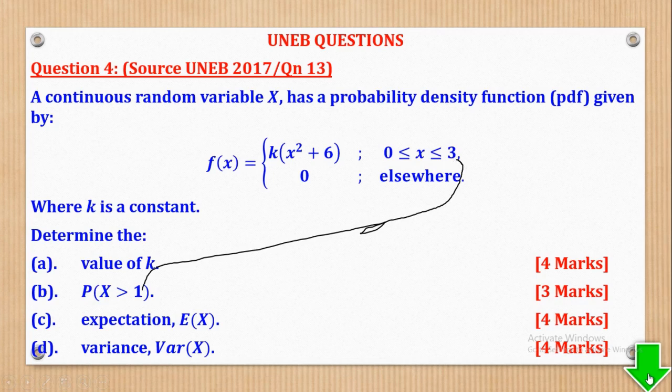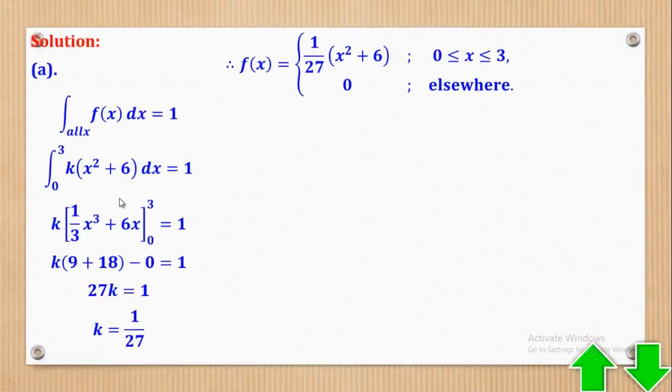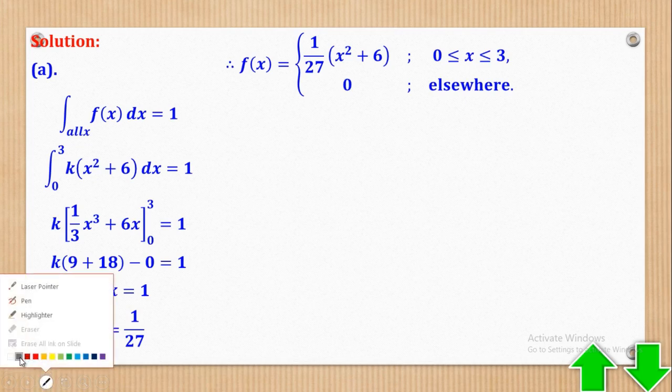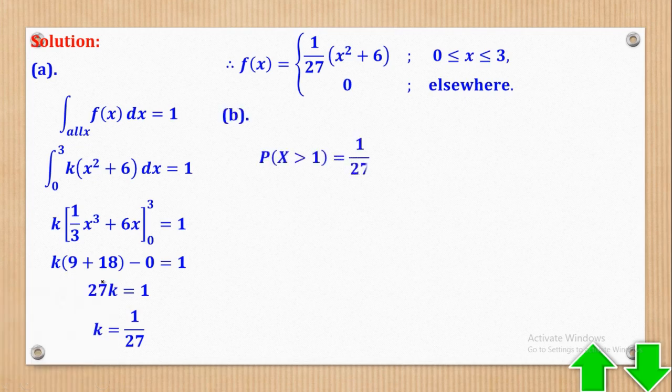So let's do that. So here we have said that the probability of x greater than 1 is equal to the integral of this function here. You see that this is a constant, so it can be put outside the integral. Then you integrate from 1 up to 3, because 3 is the largest value here, and 1 is what was given in the question.